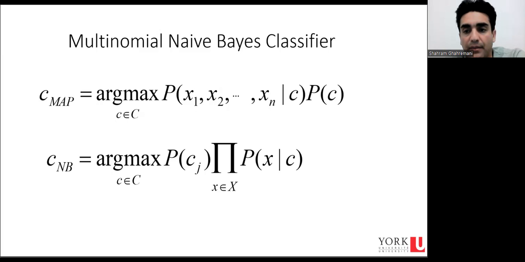The best class by the naive Bayes assumption is the class that maximizes the prior probability of the class, the same as before. But now, more simply, we multiply, for every feature in the set of features, the probability of that feature given the class. Much simpler equation.